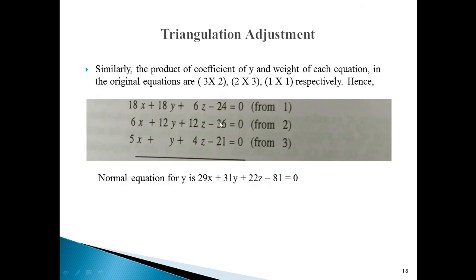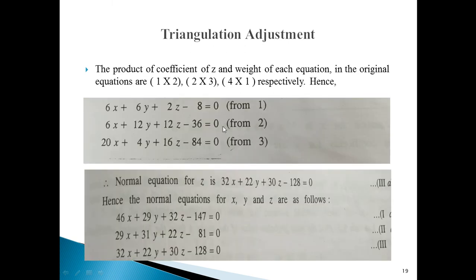This will form the normal equation. Similarly for z, and at the end we consider all three equations. So we get the normal equation for x, for y and for z. I will stop here. Thank you.